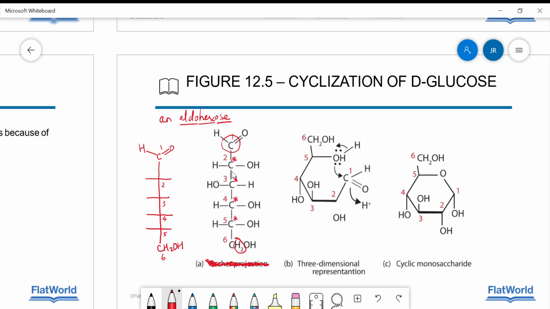So in a Fischer projection, you draw it with this plus motif. That's why I don't think I would label the original a Fischer projection, because a Fischer projection has this motif of a plus sign. OH, H, H, OH. So this is a Fischer projection.